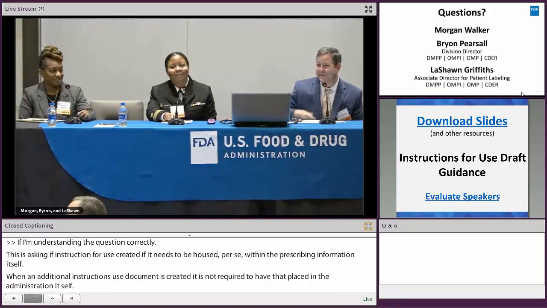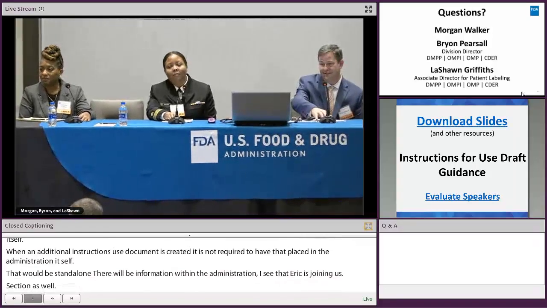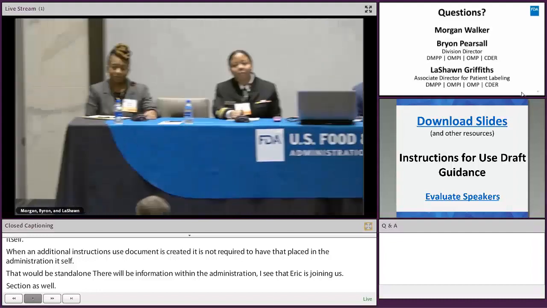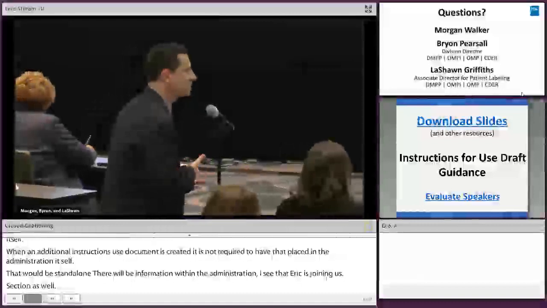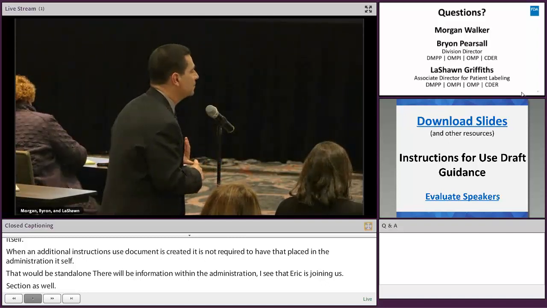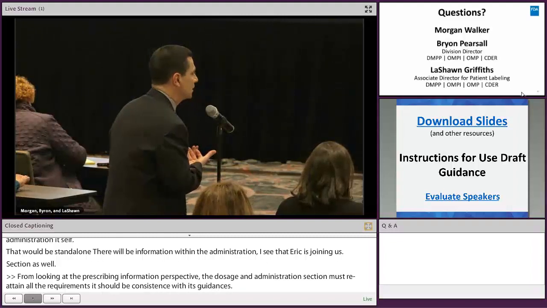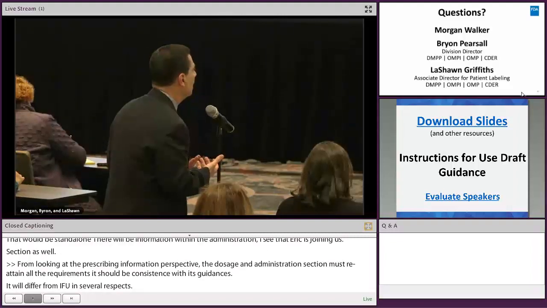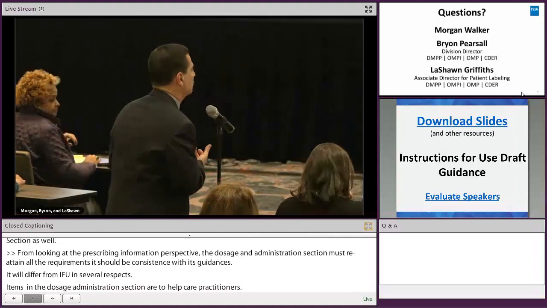From the prescribing information perspective, the dosage and administration section must contain all the requirements of that and should be consistent with its guidances. It will differ from the IFU in several respects. The dosage administration section of labeling is geared to the healthcare practitioner. There are certain things that the healthcare practitioner knows that do not need to be included in Section 2.